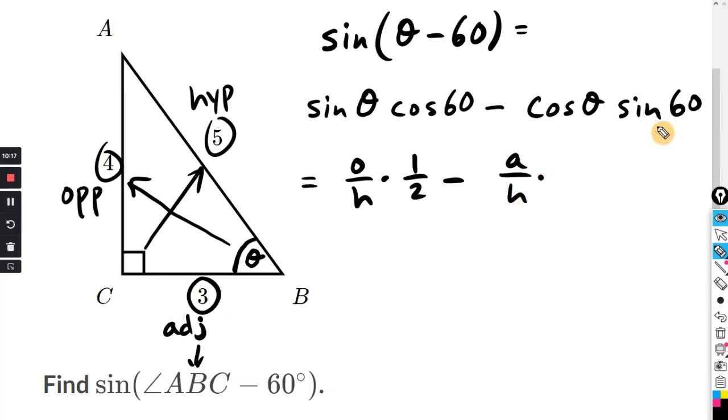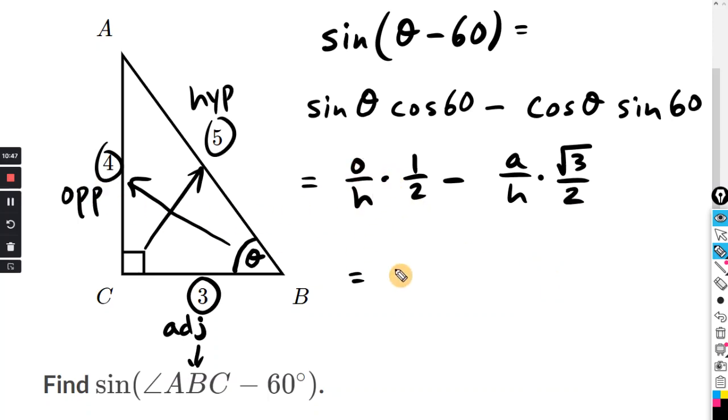And the sine of 60, check your unit circle, but I know it is radical 3 over 2. Some calculators will give it to you in this form, but most of them won't if you type in the sine of 60 on the calculator. And you really need it in this form. It can't be the decimal because it has to be exact. But if your calculator won't do this, then use the unit circle.